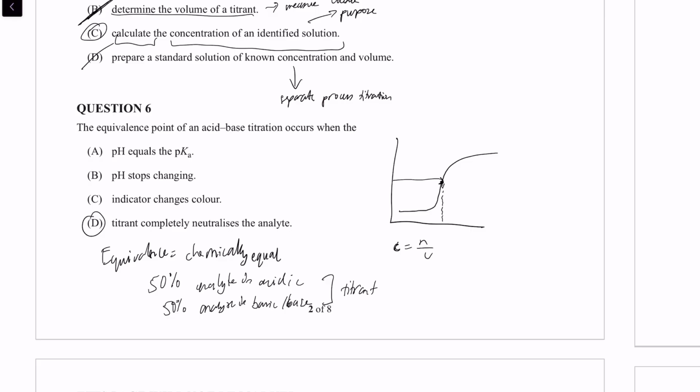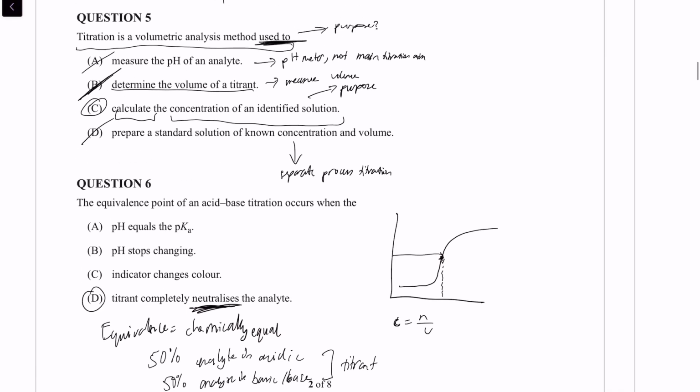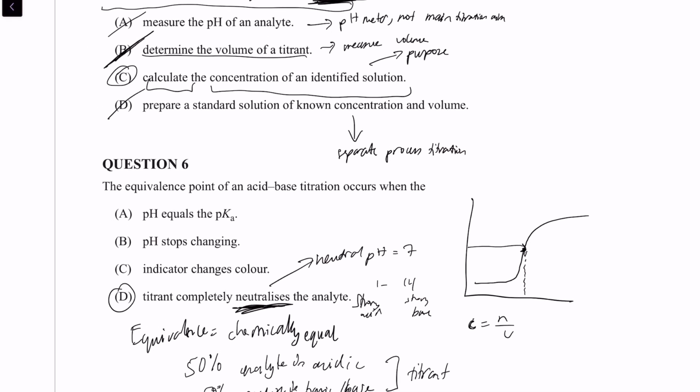Okay, so neutralize means that we have equal proportions of acid and base. Because neutral pH is just 7, which is between the 1 to 14 pH scale from really strong acid to strong base. All right. For the other options, if you want to cancel them out, pH equaling pKa is actually called the half equivalence point.